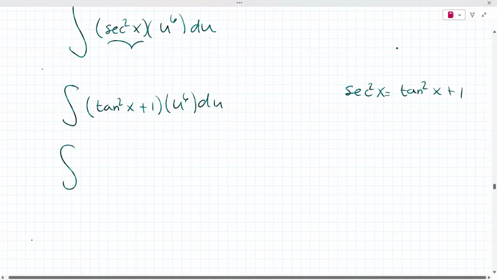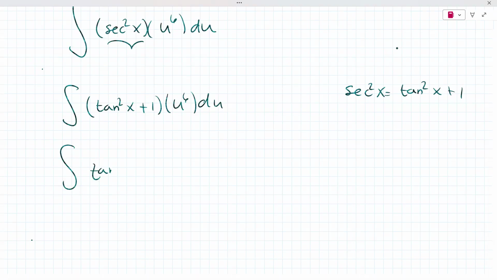What else could we do? Well, tan square of x is the same thing as tan of x to the second power, plus 1, times u to the 6 du.